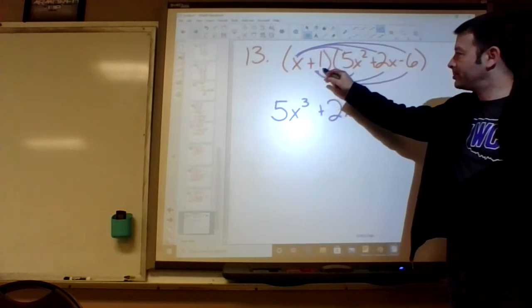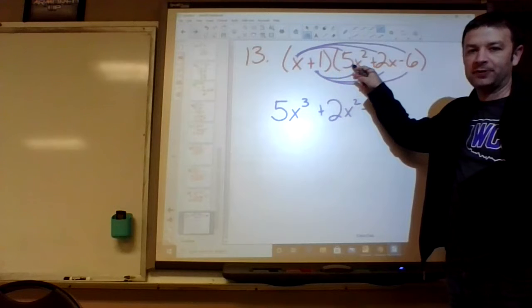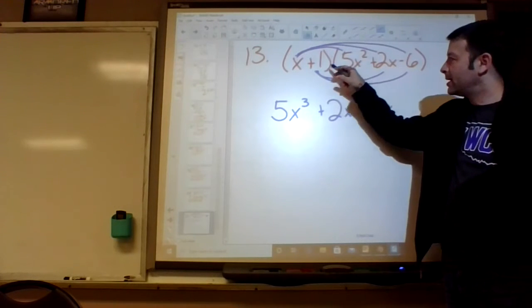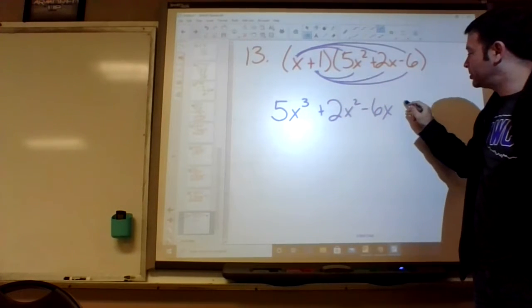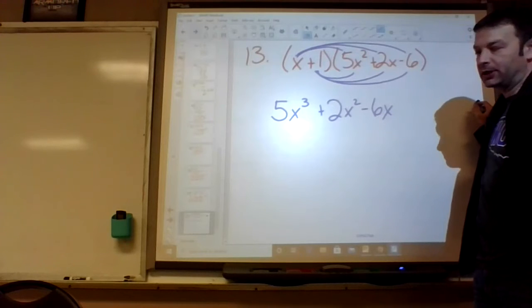Now the 1 gets multiplied out. 1 times 5x squared is 5x squared, right? I could put that out here and just keep going like I've been.